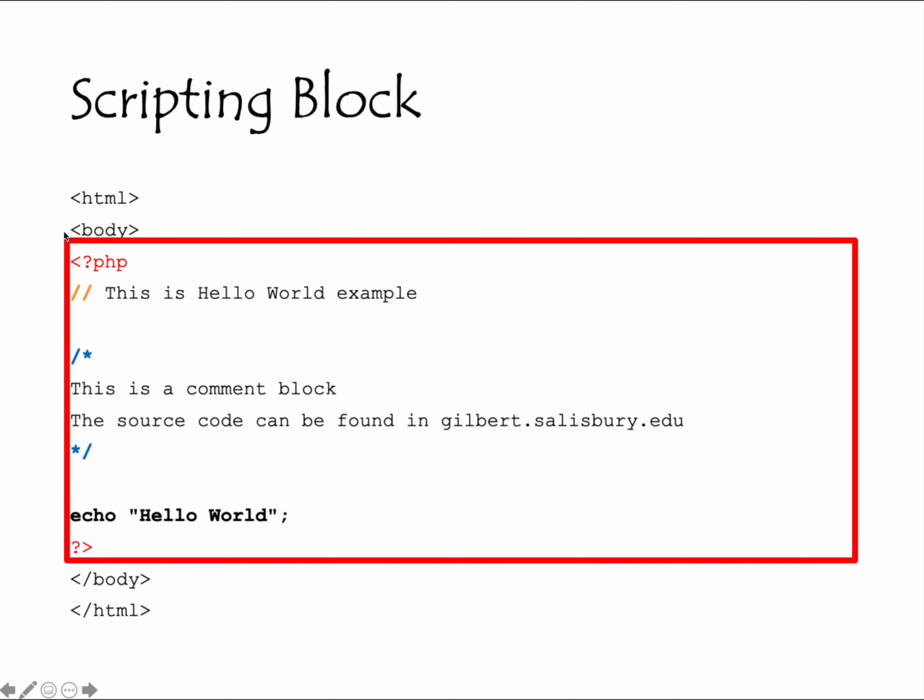And then in the middle, if you want to add some logic with PHP, you must start with the PHP beginning syntax: the angle bracket, question mark, php, with no space. That means from here we are going to start PHP.